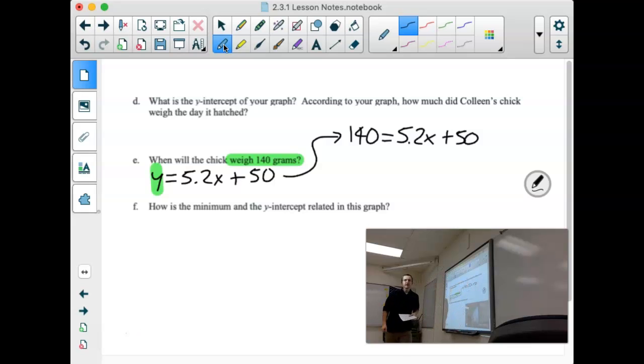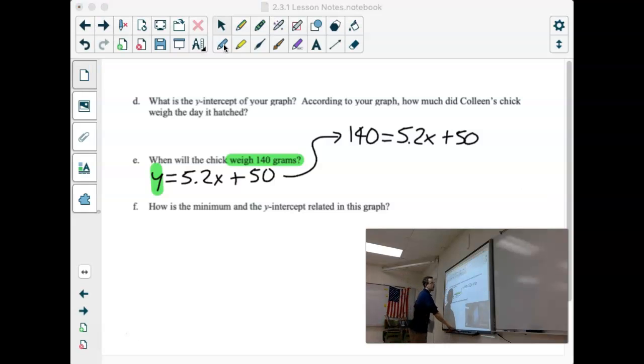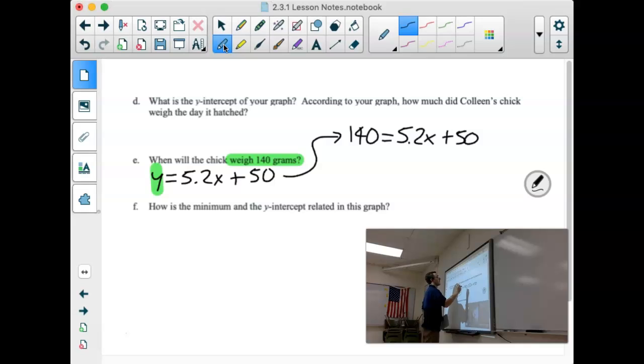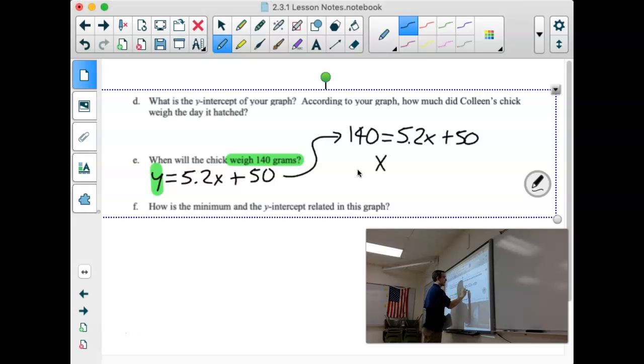From there, we can solve for x, and we should get x equal to about 17.3. So it's 17.3 days.